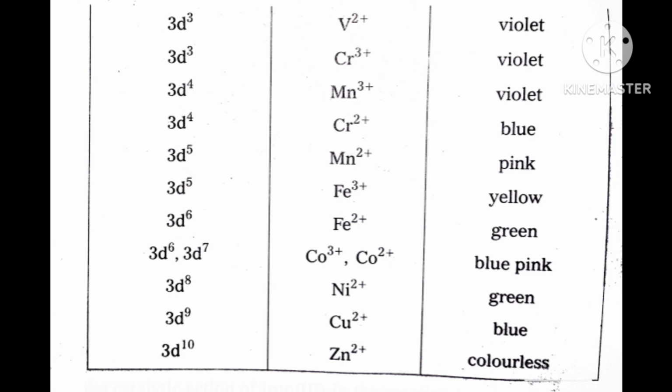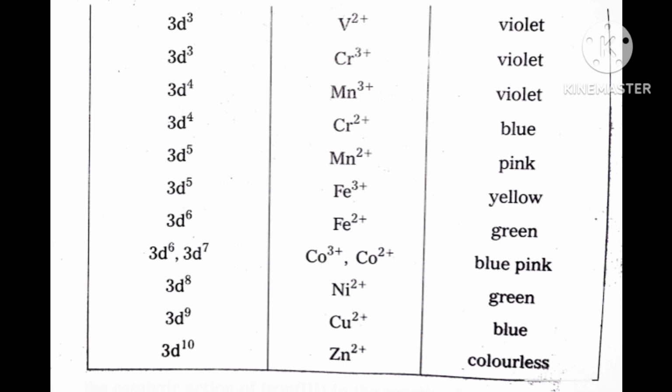Okay, I will tell these details, but you have to remember. Now I am telling you a few colored solutions of d block elements. Okay, this you have to remember.